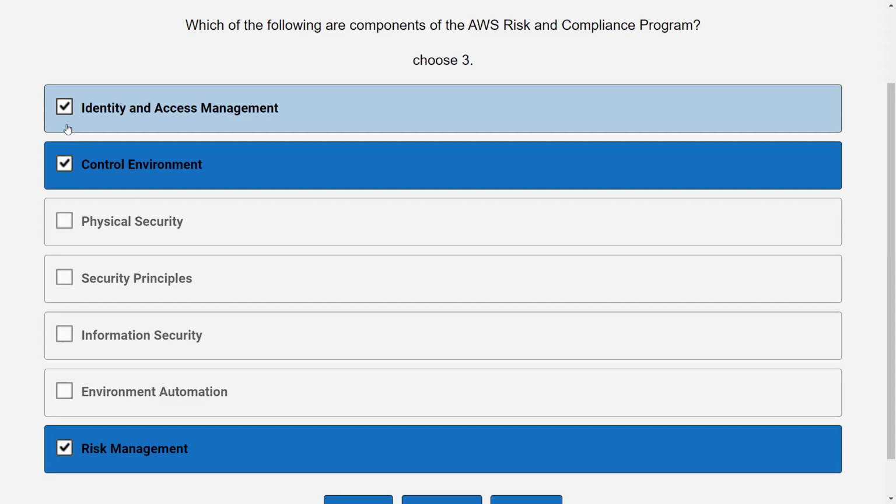Control environment and environment automation, there is one. You need a model inside for information security. This one I did not learn outside; I will look for my resource. But you will read them. Go to Skill Builder, the Cloud Practitioner Essentials, they are free.